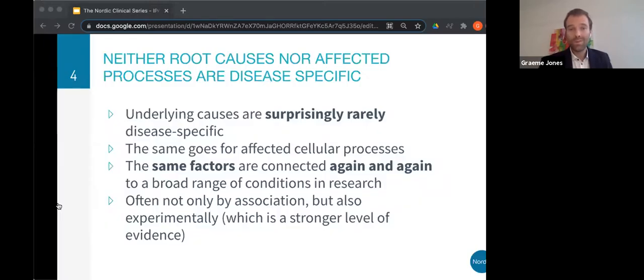If you've seen me lecture before, you might have seen this slide, because I think it's important to say, from a research perspective, underlying causes are surprisingly rarely disease specific. Like I said before, we might see hyperpermeability with healthy patients, so there's no disease or syndrome present.